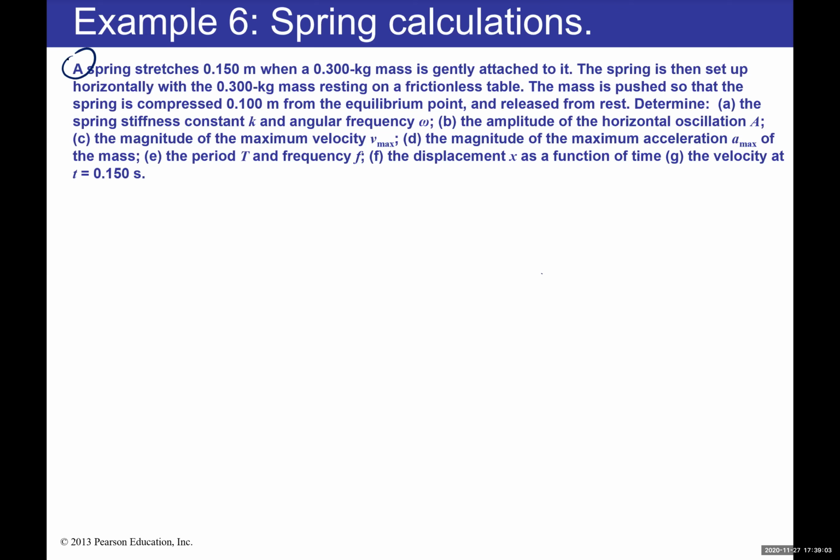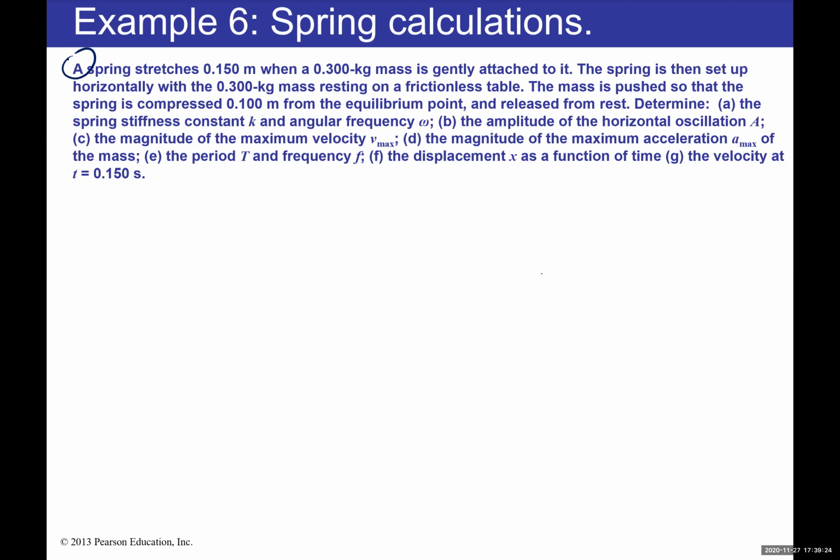Then the spring is set up horizontally with the 0.3 kilogram mass resting on a frictionless table. The mass is pushed so that the spring is compressed 0.1 meter from the equilibrium point and then released from rest.